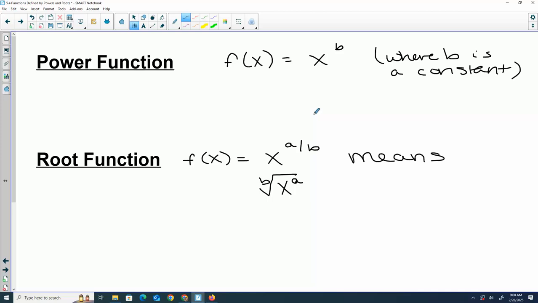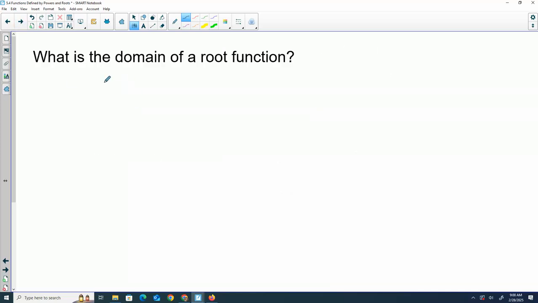When we are graphing it, did we graph the imaginaries? No. So when we are talking about a root function, if you have an even index, that's the number outside the radical. So that means like a square root, fourth root, sixth root, and so on.